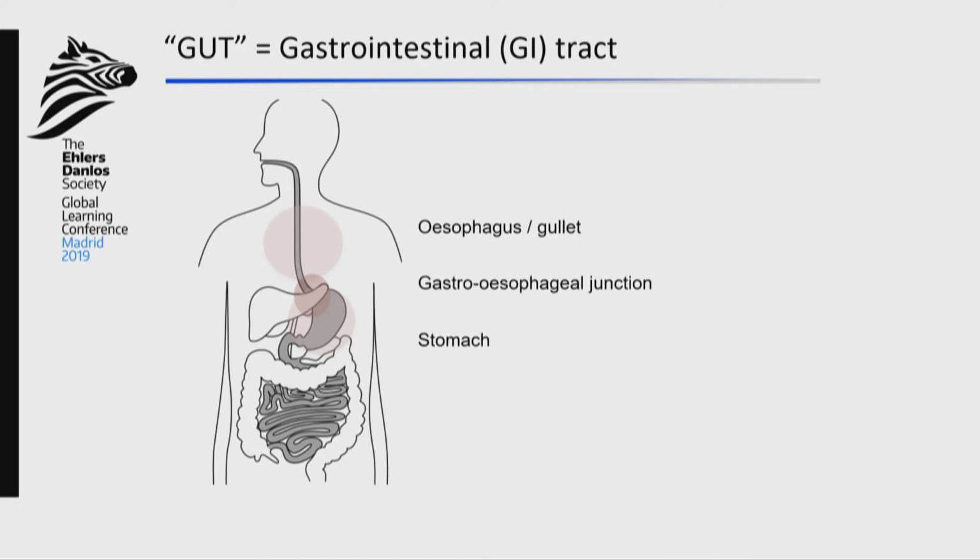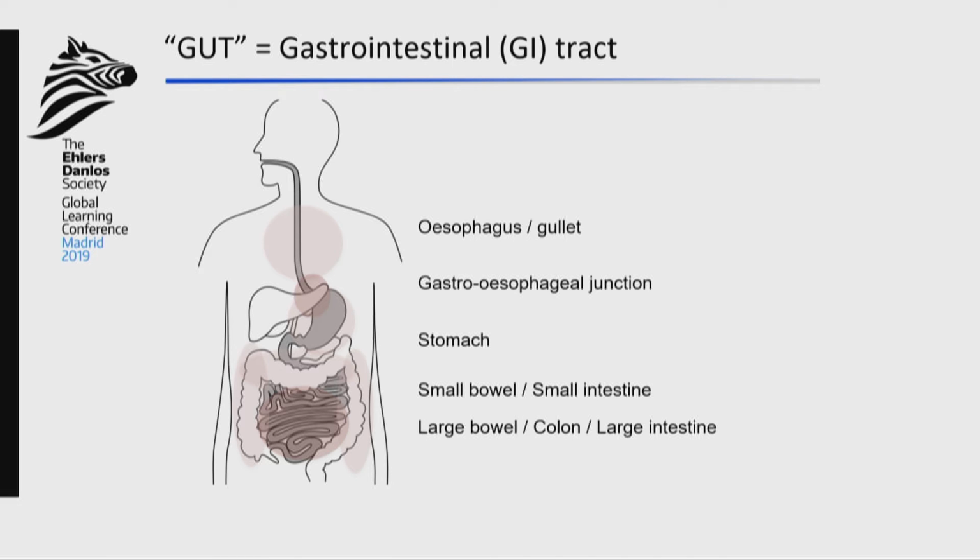It cuts the food particles into small pieces, and then the food slowly passes down into the small bowel or the small intestine, where the digestion takes place. This is where the nutrients that you need are absorbed, and the food that you don't need, or the waste, goes into the colon.